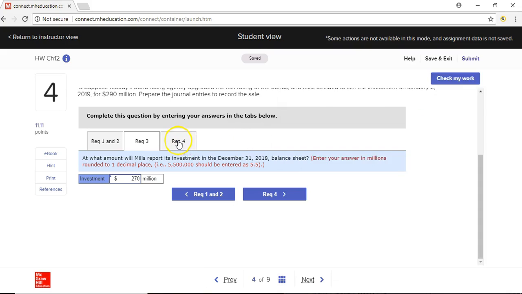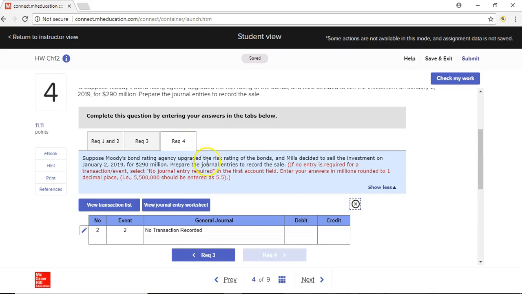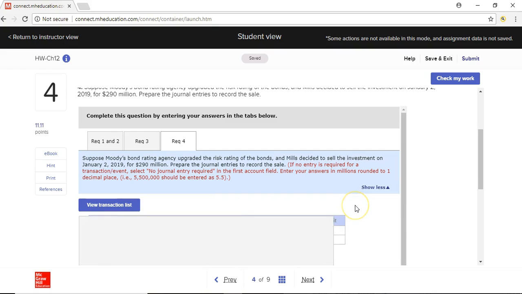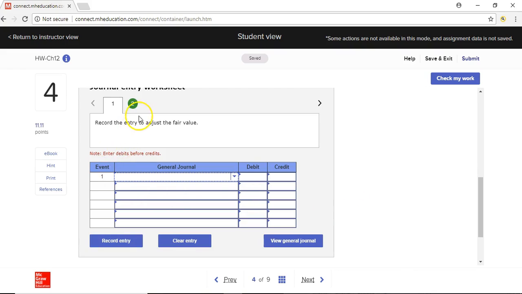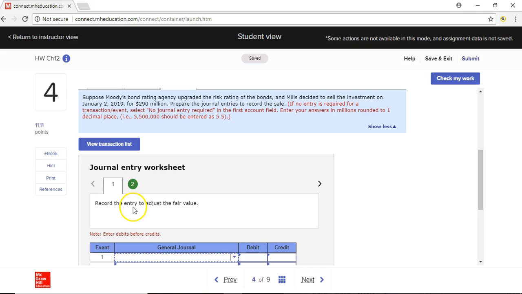And then on requirement 4, it says the company sold this investment for $290 million. The selling price is a cash inflow, which is a new fair value.